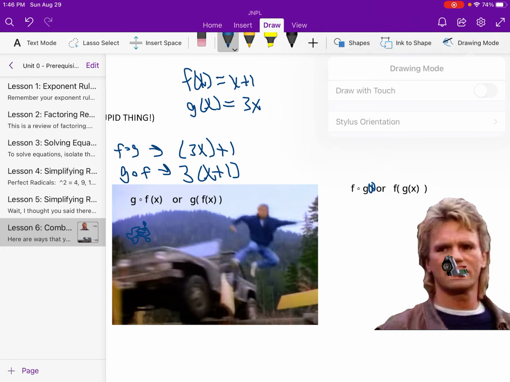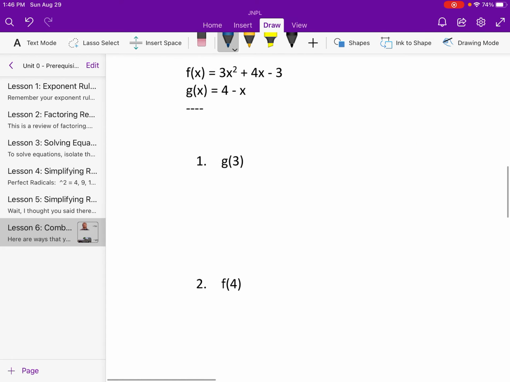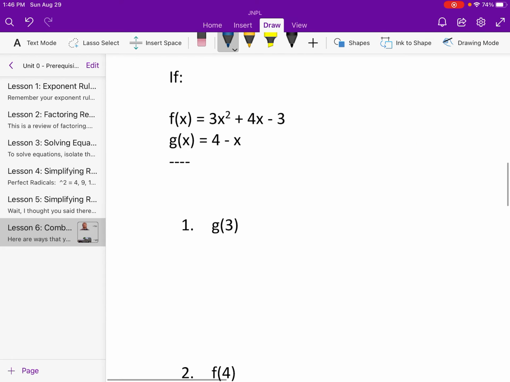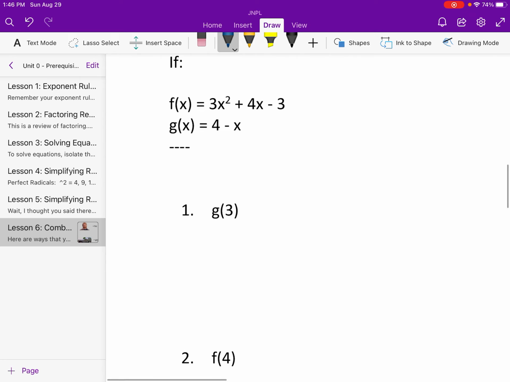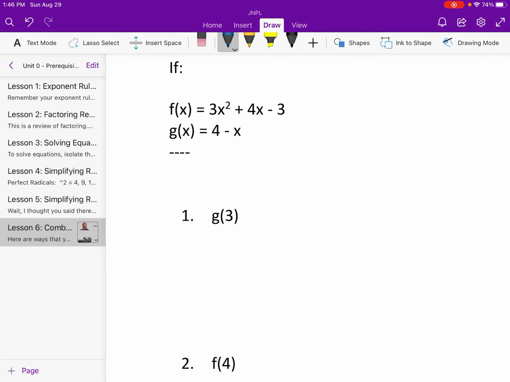Hopefully that makes sense. Okay, so let's look. If f of x equals that and g of x equals that, find these things. So, first, g of 3. That means we'll look at the g of x function, and wherever we see x, we put in 3.